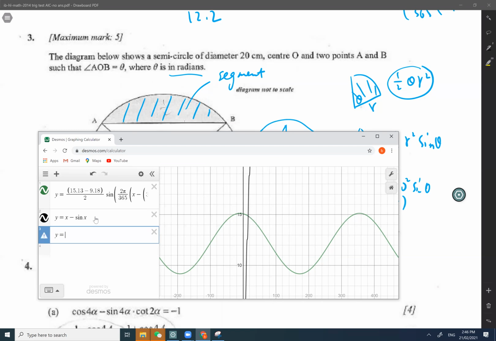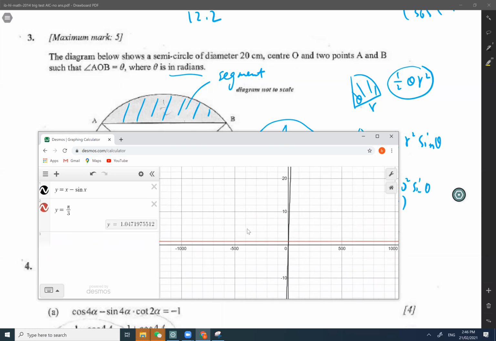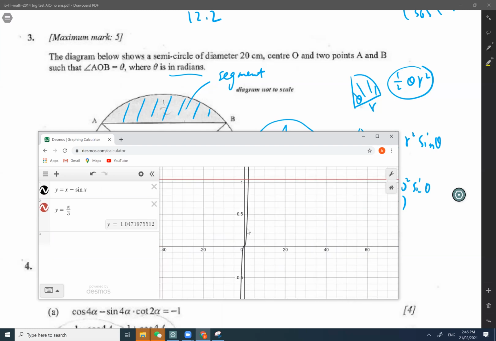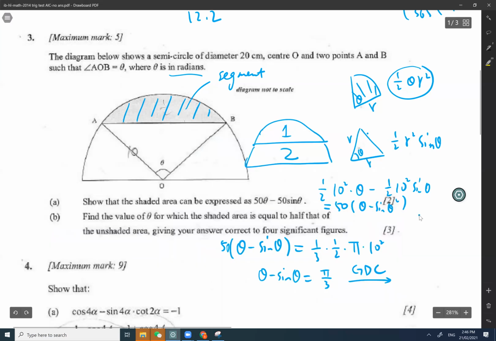Y equals pi over 3. Oh, our scale is a bit weird. Okay, 1.969. Finished.